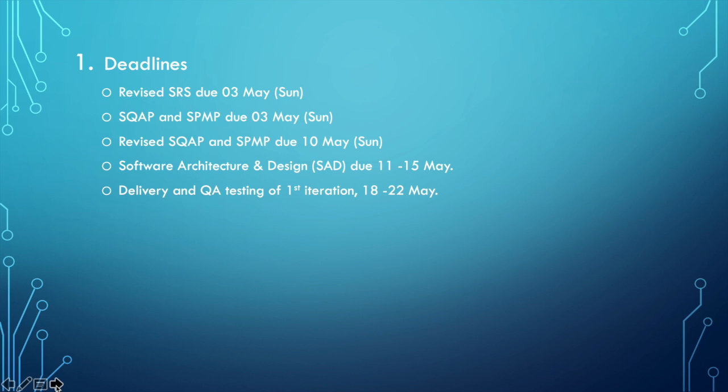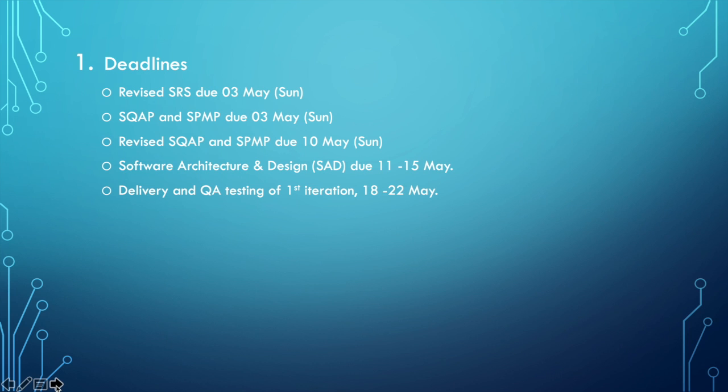So the QA team for Monday will write their SQAP for the teams belonging to the Monday group, and the QA team for Wednesday will write their software quality assurance plan for the Wednesday group. Okay.